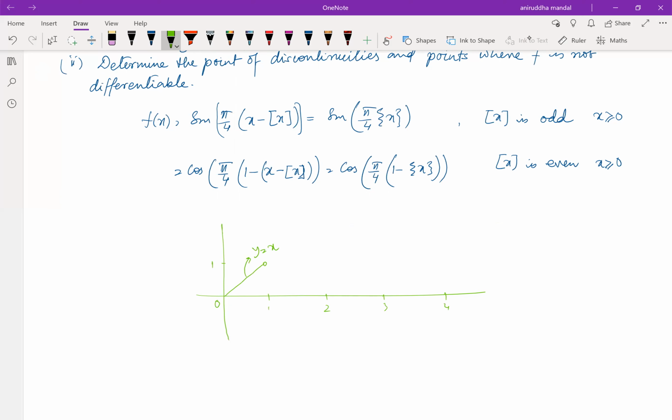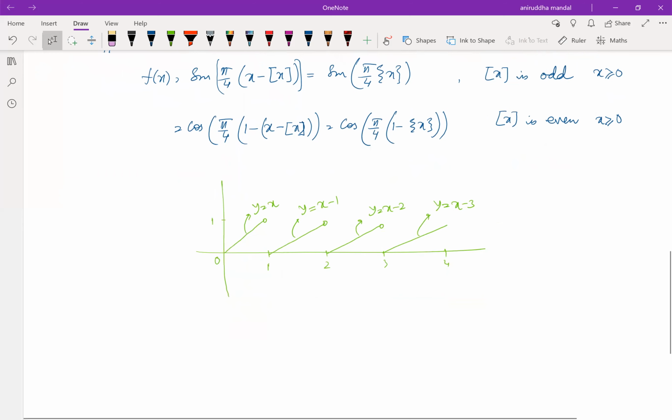For the points between 1 and 2 the fractional part is this, y equal to x minus 1. Between 2 and 3, y equal to x minus 2, and so on.